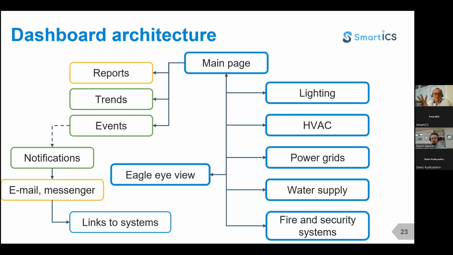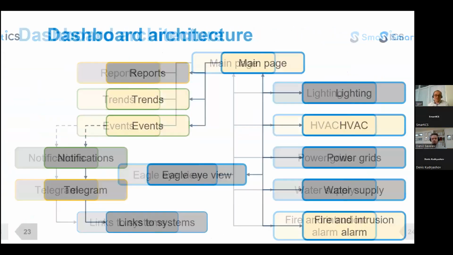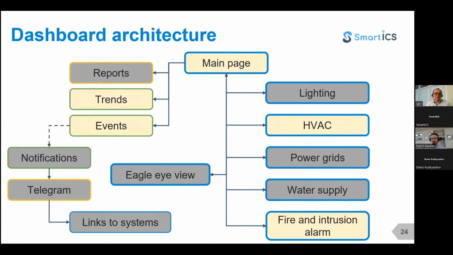So once we identify the dashboard architecture, right? Once we have it, even on a piece of paper, right? It's as simple as that. Then, of course, we move on. For today's case, right? For today's case, we would not have enough time to develop every dashboard, right? We will try to focus on the main page, right?